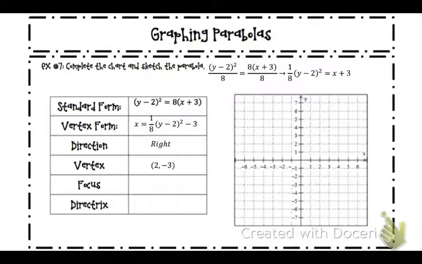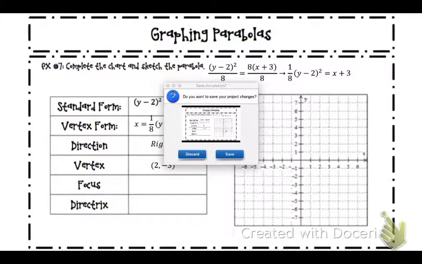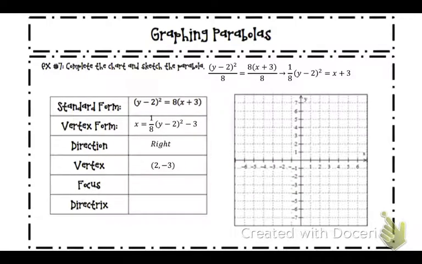Escape. Okay. So my vertex, ignore that. So the x is x plus 3, so that's going to be -3. And then y minus 2, so that's positive 2. So I'm going to go to -3, positive 2. That's where I'm going to draw my vertex.